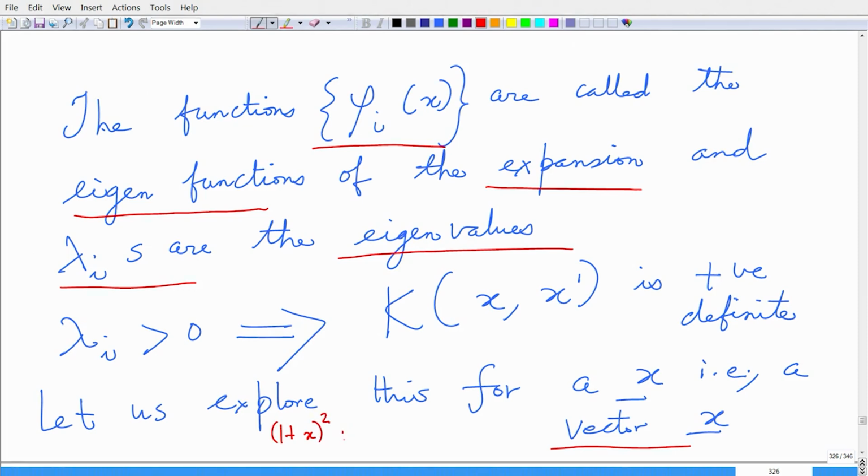Instead of this I could do 1 plus x transpose x power 2, where x is a vector, say belonging to some dimension d. So, this is a straightforward extension that one could do for kernels that act over vectors.